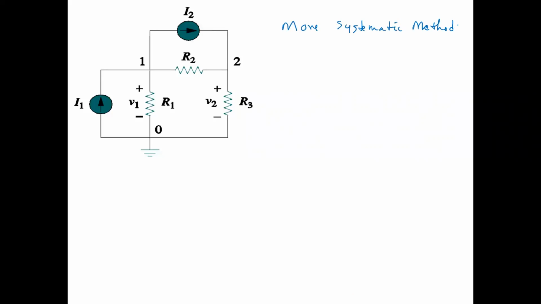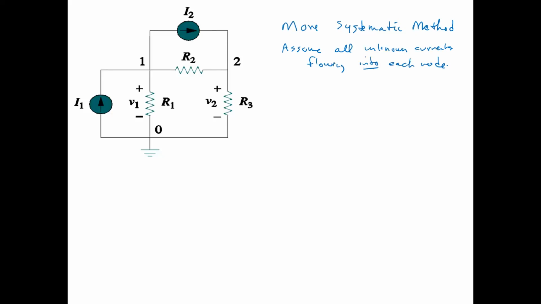And the more systematic method is to assume that all of the unknown currents are flowing into each node, and we'll flip those things around as we go, as we address each node.